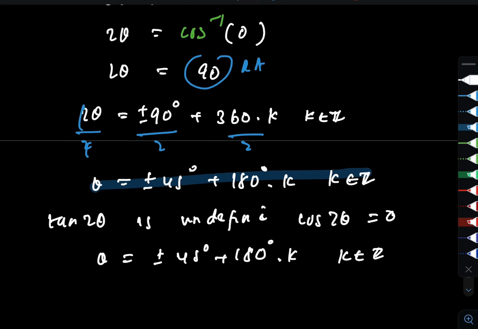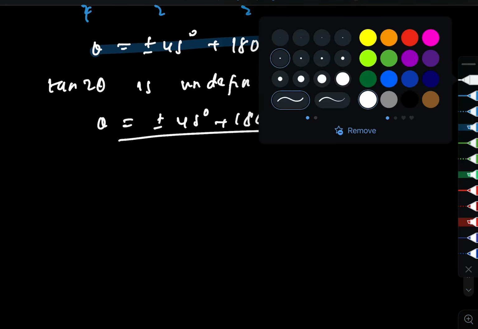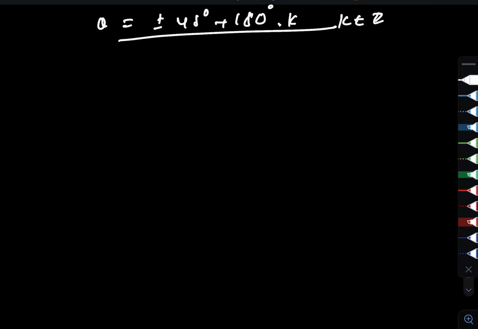So we just need to understand that, and then we're done. Let's take some more examples and just wrap our heads around that, and then you will see. Let's say they give you a trigonometric equation and they want you to solve for θ, and after that find the value of θ for which the equation will be undefined.